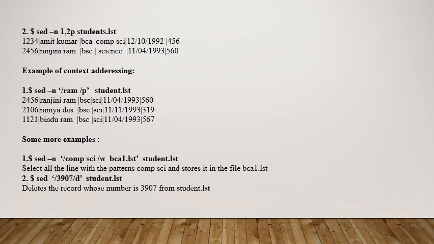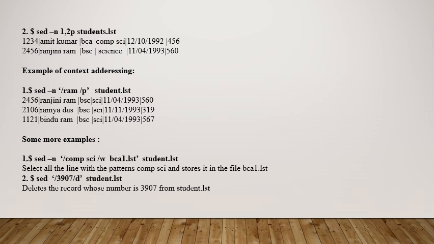It selects all the lines with the pattern computer science and stores them in the file bca1.list. So it selects the computer science word from student.list and saves it in bca1.list. This is the meaning of this command.